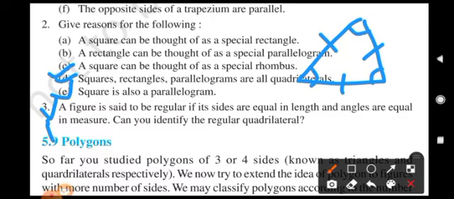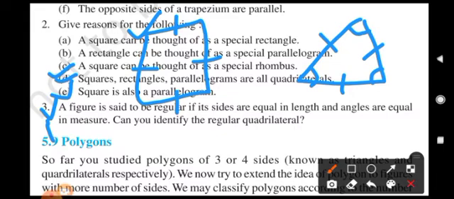Can you identify the regular equilateral triangle? Any figure is said to be regular if all sides are equal and all angles are equal, then we call it regular.